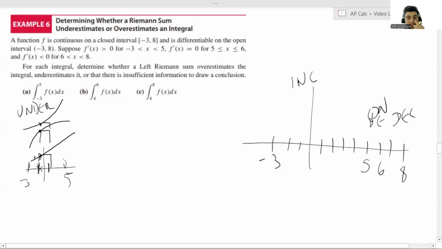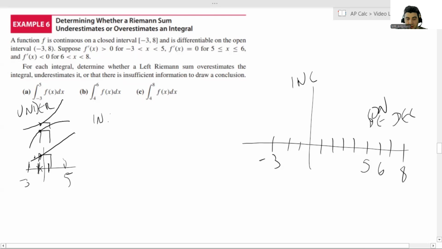From 4 to 6, the function is increasing on the interval 4 to 5, and then constant on the interval 5 to 6.